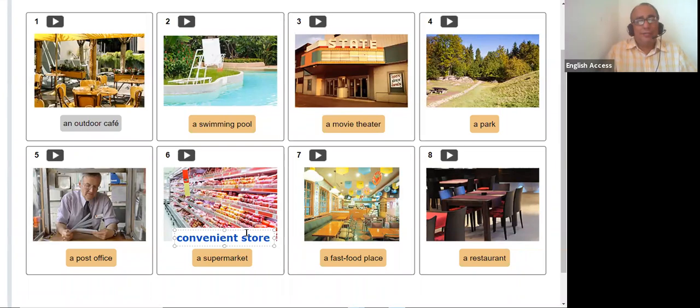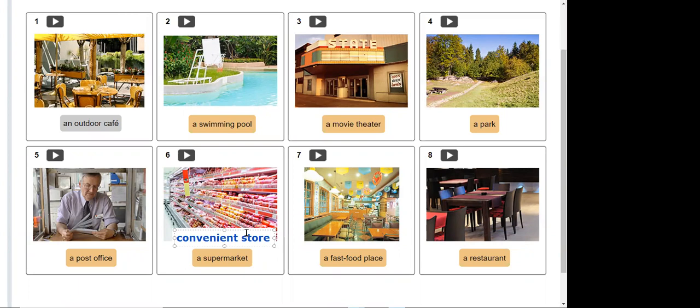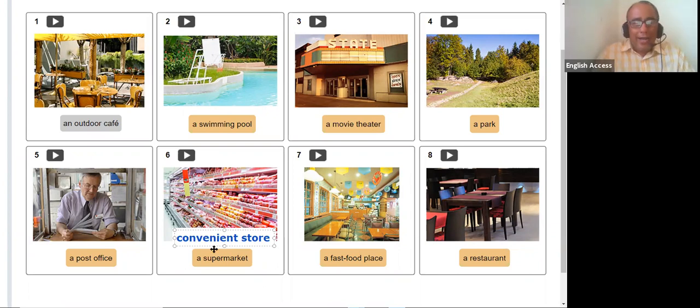Can you believe it? As if there weren't Oxxos all over Acapulco. Crazy. A convenience store is very popular in Acapulco. Not only Oxxo, but also Circle K, and there are more convenience stores around the country.